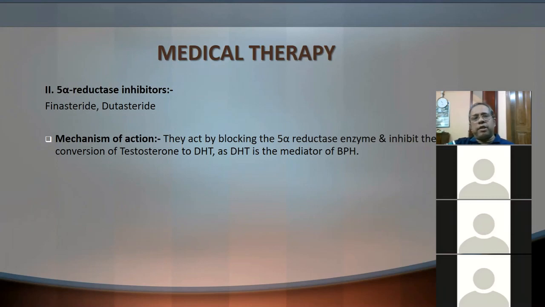The mechanism of action is that it blocks the 5-alpha reductase enzyme and inhibits the conversion of testosterone to dihydrotestosterone. If dihydrotestosterone conversion is cut off, the prostatic glands enlarge less, decreasing the size to some extent, with fewer symptoms. But before prescribing 5-alpha reductase inhibitors, always do a PSA. If PSA is normal, then you can prescribe. If PSA is high, never ever prescribe 5-alpha reductase inhibitors.